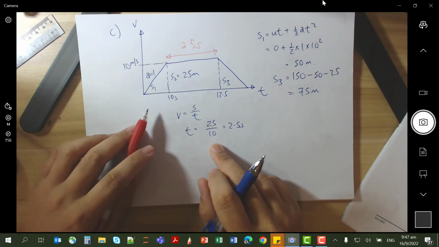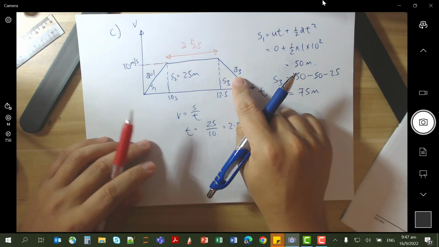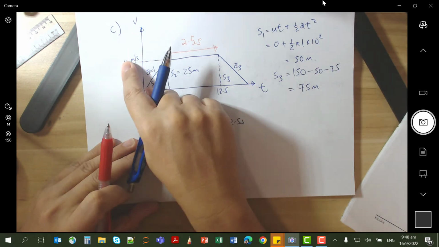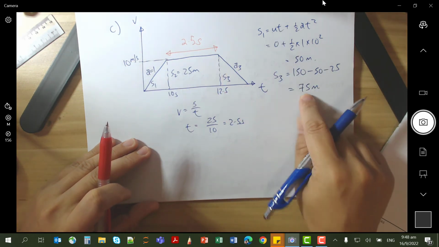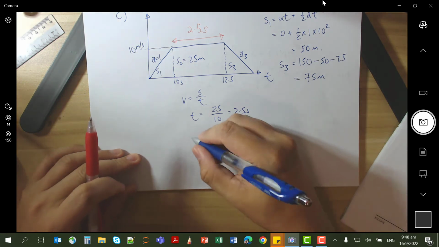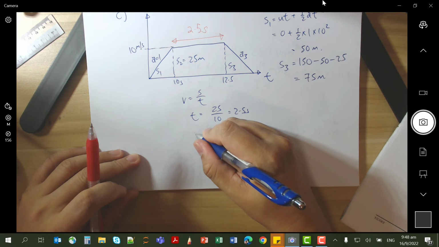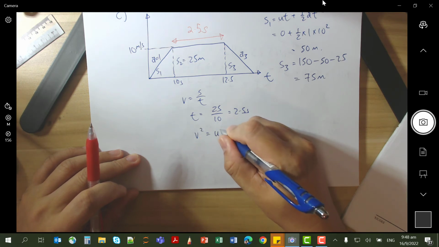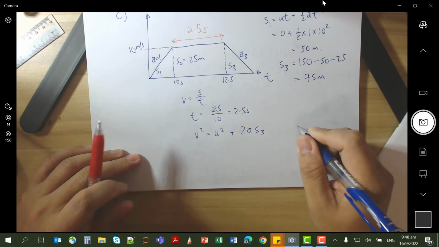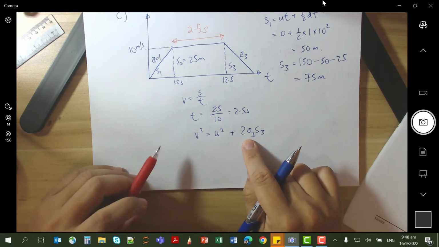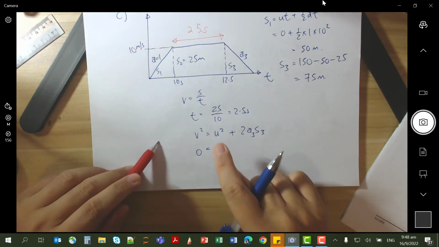We want to find the final deceleration. Let's call this A3 here. Because we have 10 and 0 and distance is 75, we can use the distance formula. V squared is equal to U squared plus 2AS3. V is final, which is 0, U is 10.